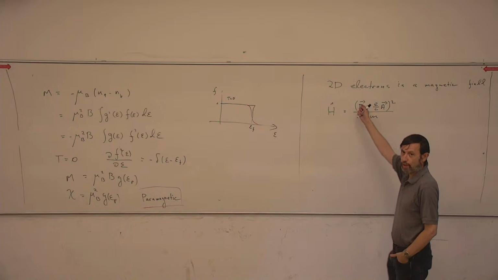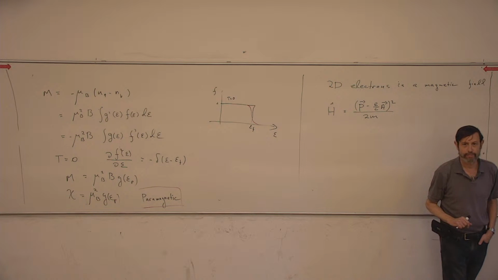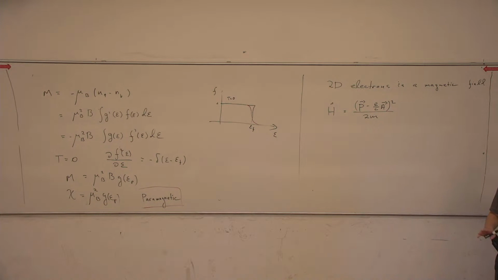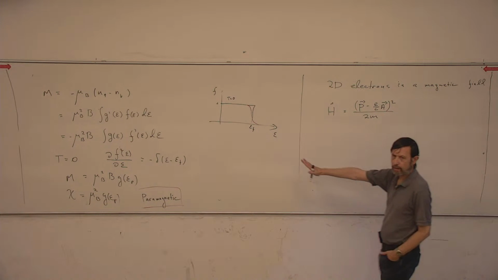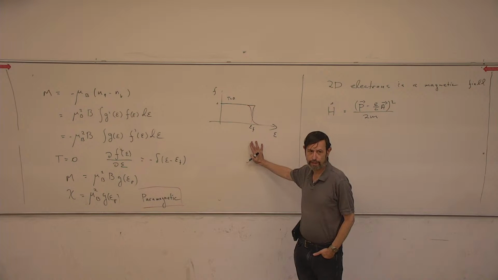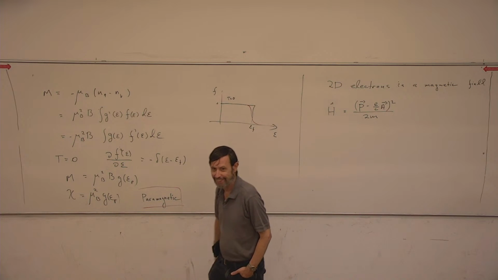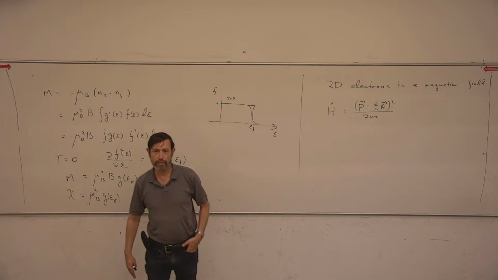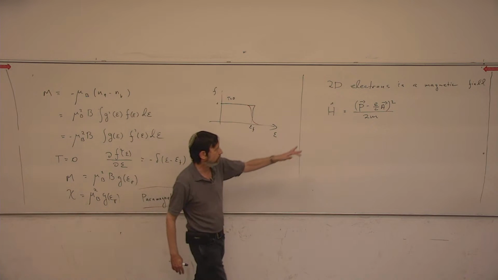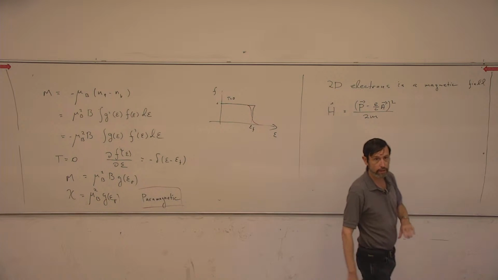Okay, so P square. And the previous part was in Ashcroft. This is a part that doesn't appear in Ashcroft. It's more modern, and at the time that Ashcroft was written, it wasn't thought to be very relevant. Okay.